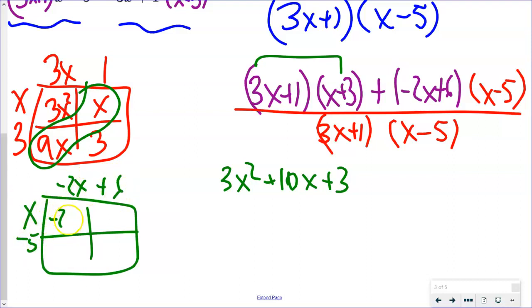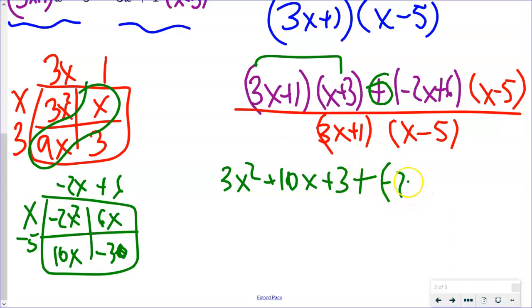So this is going to be negative 2x squared. This is going to be positive 6x. This is going to be positive 10x. Okay, and this is going to be a negative 30. When you combine the like terms, you're adding now, because you got rid of the negative already, negative 2x squared plus 16x minus 30, okay?